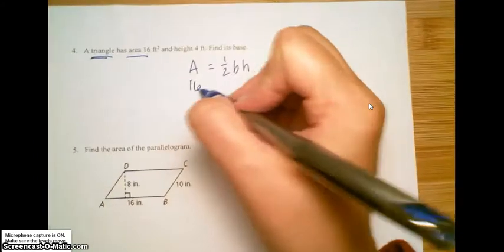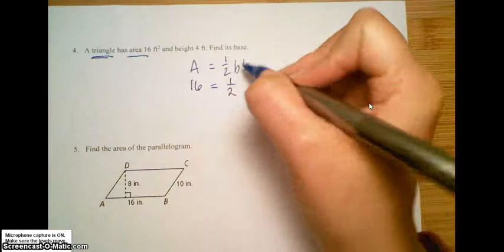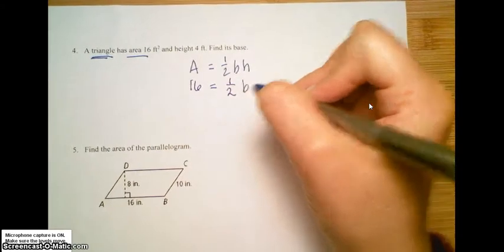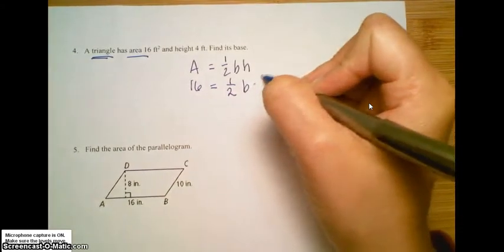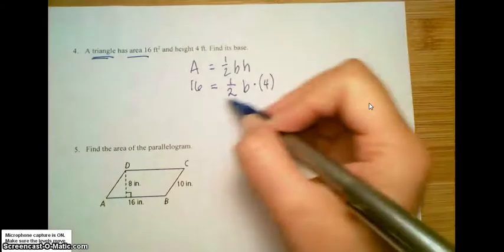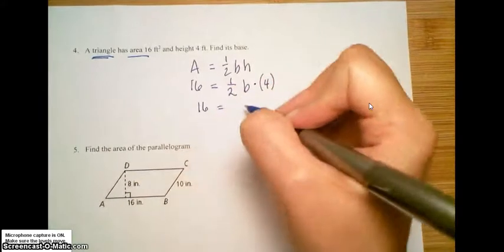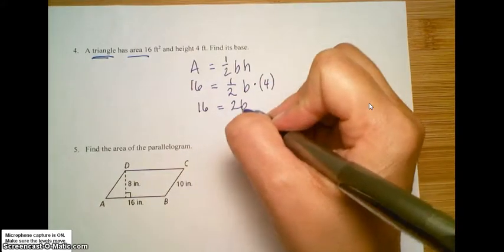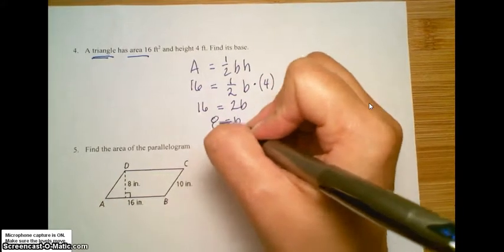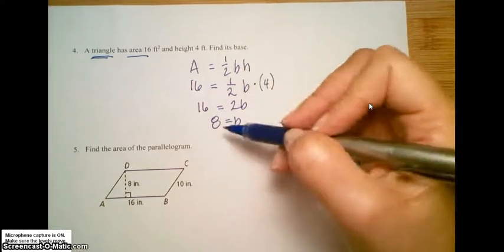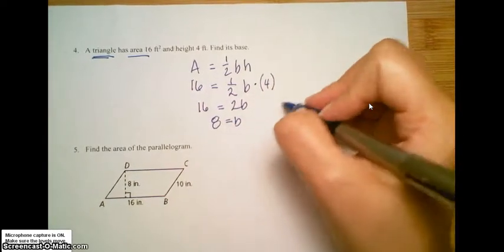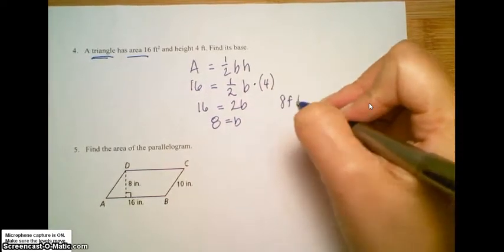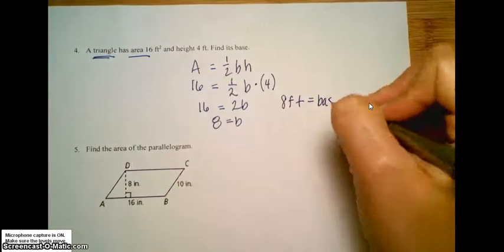So I have an area of 16. I have a base that I don't know, and I have a height of 4. So at this point, I clean this up. 16 equals 2b. I divide, and b is equal to 8. Don't forget your units, and we'd want to say our final answer is 8 feet is the base.